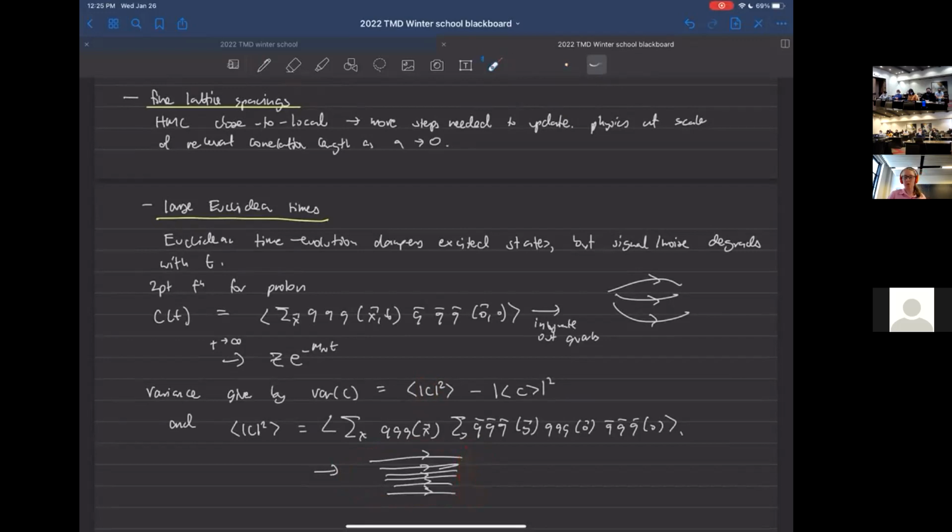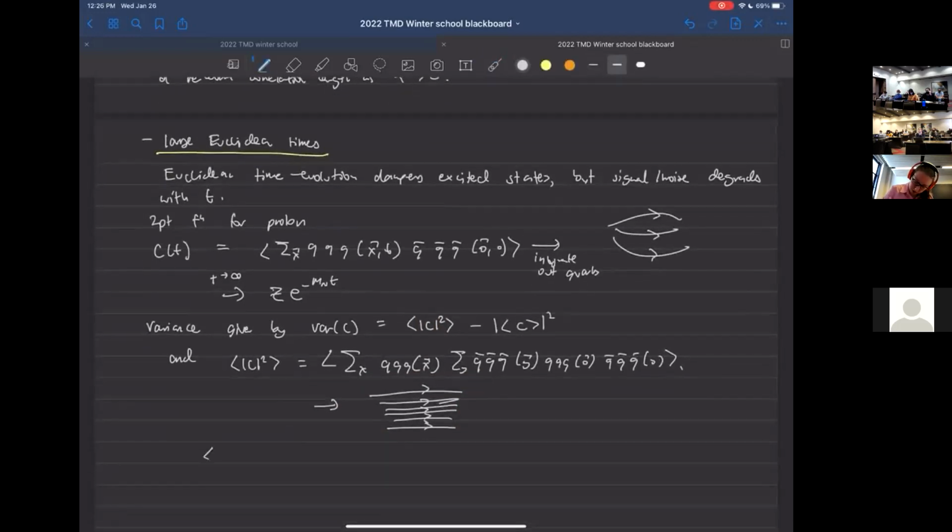So remember when we were talking about interpolating operators and correlation functions, you get the whole tower of all of the states with the right quantum numbers, and they all contribute. It's a similar thing here: this noise correlator, or variance correlator, that tells us the scaling of the noise is going to look like not just e to the minus 2 m_N t, but also something else that you can make with that combination of quarks.